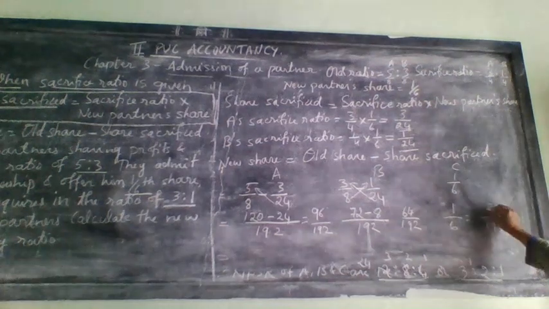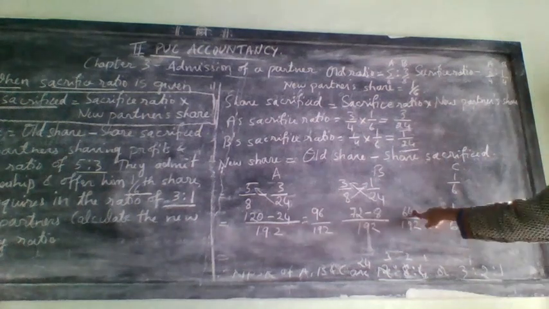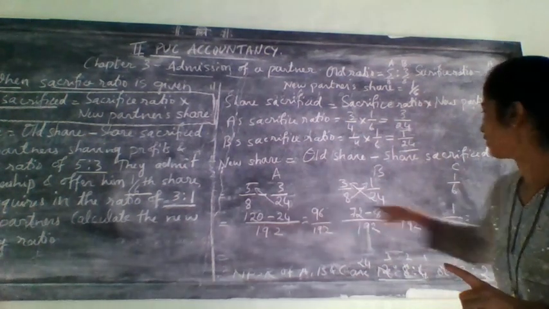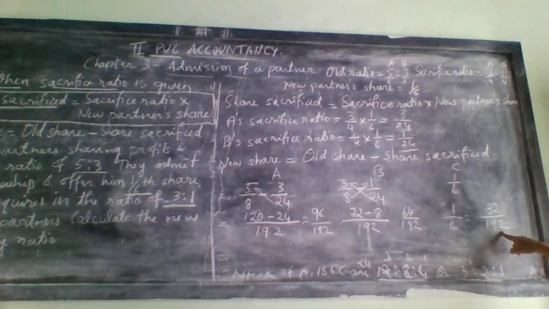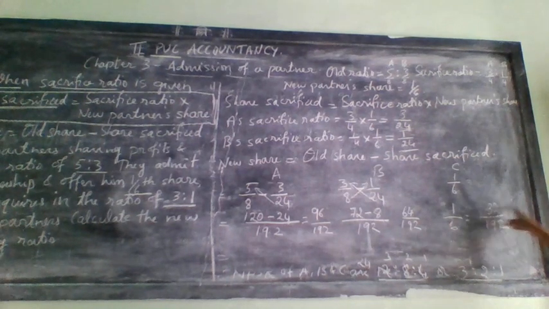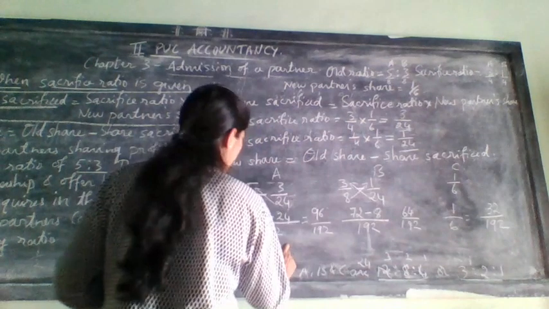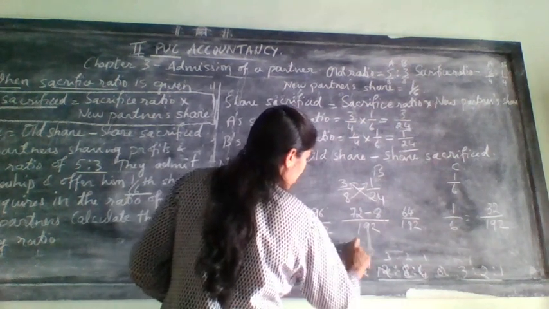32. Now add everything. 6 plus 4 is 10, 10 plus 2 is 12, 1 in hand. Next 9 plus 1 is 10, 10 plus 6 is 16, 16 plus 3 is 19. That means again you will get 192 only. This also is correct, but you need to simplify this. 96 is to 64 is to 32 will come.